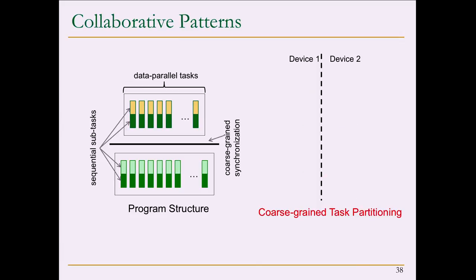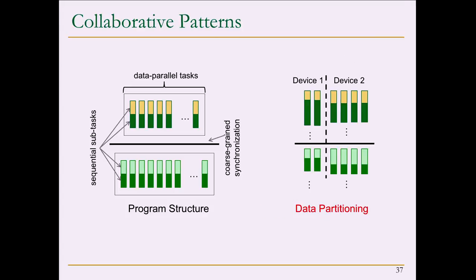Another way of doing this is, actually, let's go back. If you look at the right part of the slide, you see that the first task takes a little bit shorter in device 2 than in device 1. I mean the entire task, while the tasks in the second kernel take shorter in device 1 than in device 2.